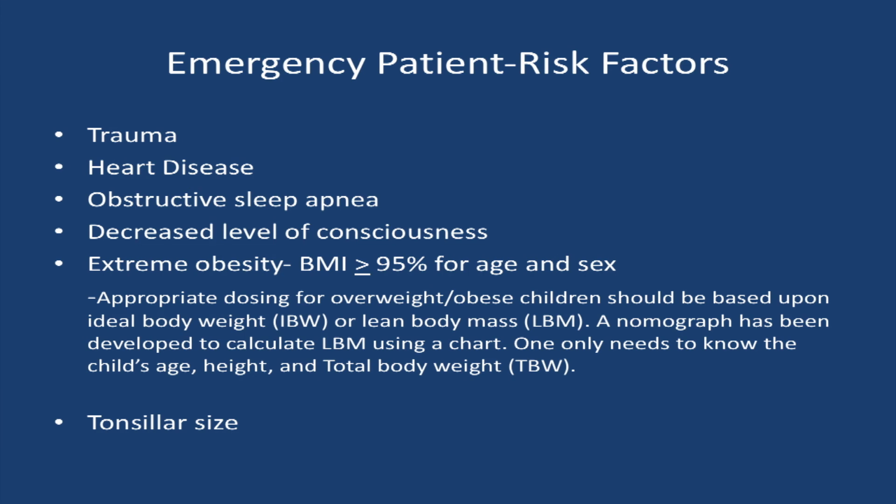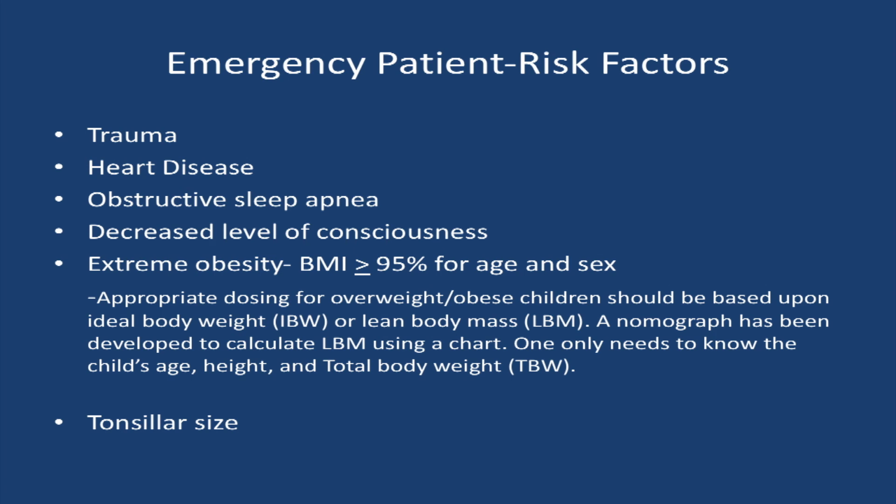Emergency patients are a different category altogether. If there's been trauma or heart disease or obstructive sleep apnea, decreased level of consciousness, or extreme obesity where the BMI is greater than or equal to 95% for the age and sex, appropriate dosing for overweight or obese children should be based upon ideal body weight or lean body mass.